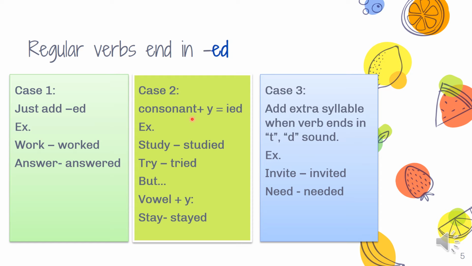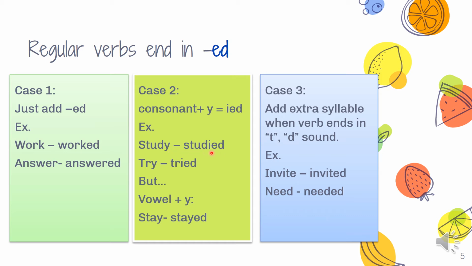Case number two tells us about a consonant before a Y. When you have a consonant before a Y, the change for past tense, instead of just adding ed, you change the Y into an I. Example, study, we have a consonant and then Y, so studied.